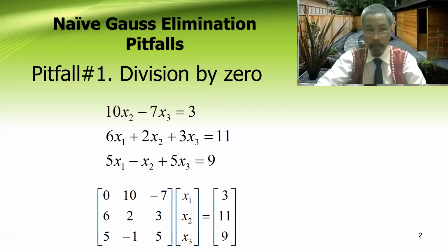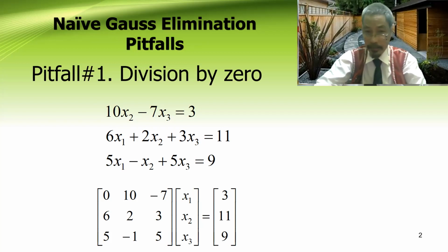So for the application of the naive Gaussian elimination, pitfall number 1, division by zero. Division by zero in any procedure, in any event, must not happen. Particularly in mathematics, division by zero is not permissible. So let us have an example.